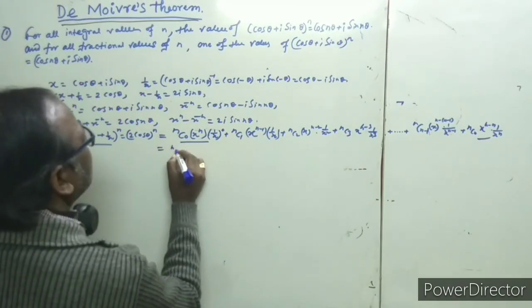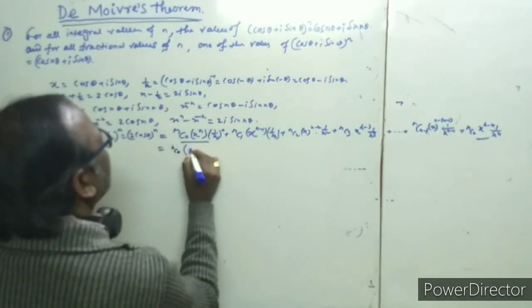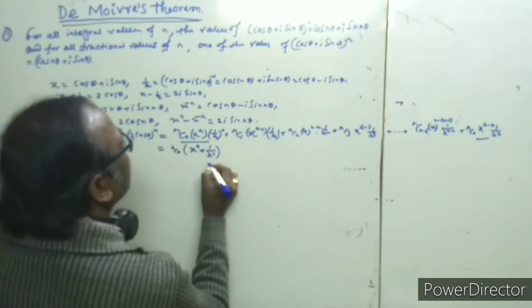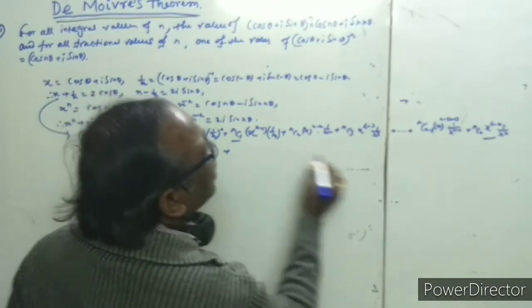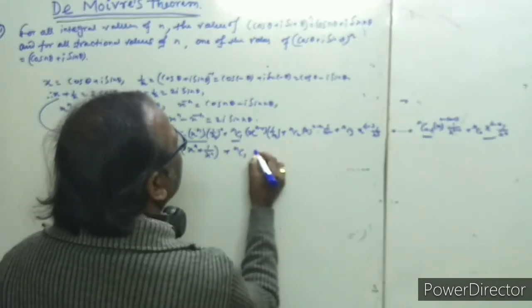From the binomial theorem, nCn, plus 1/x^n. And nC1 and nC(n-1) binomial coefficients are both the same, so take a common factor.